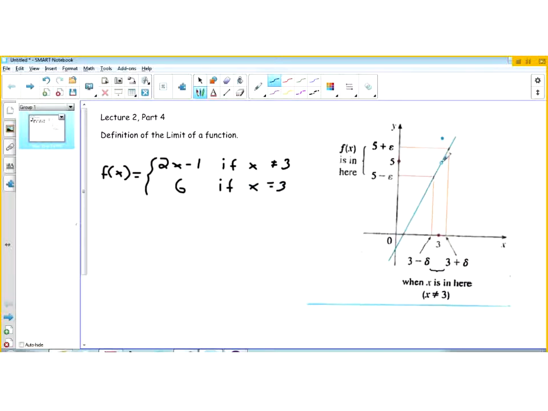All right, so you'll see this hole right here, this indicator hole at x equals 3, and then you'll see this discontinuity, and then the function is actually assigned the value of 6. All right, so the question is this.